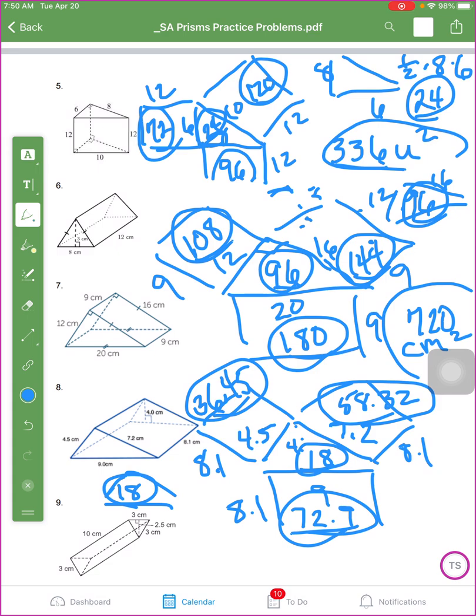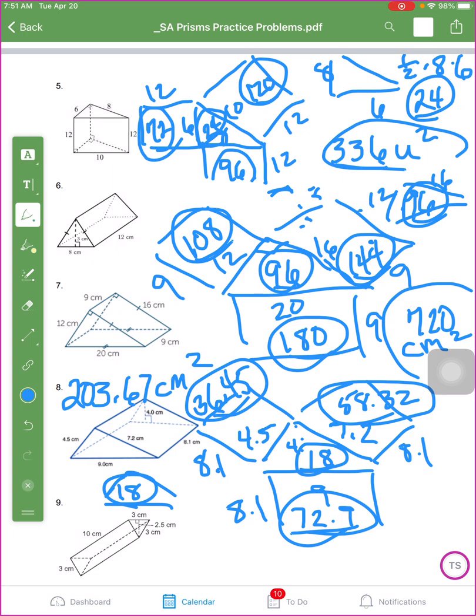So that gives me a surface area of, let me write it over here, 203.67 centimeters squared. All right, so it looks like I've totally run out of room for the last problem.